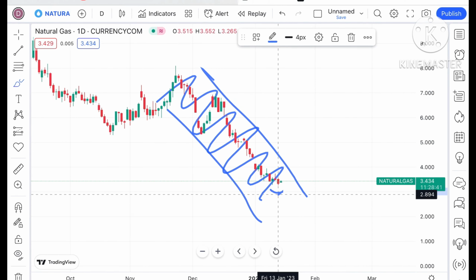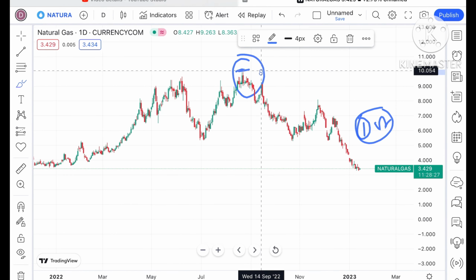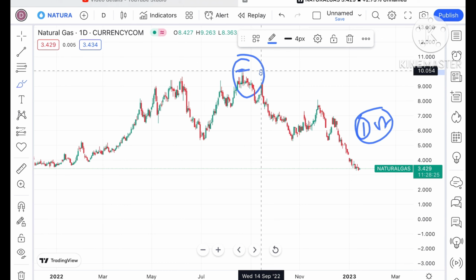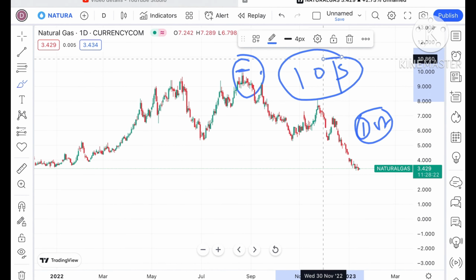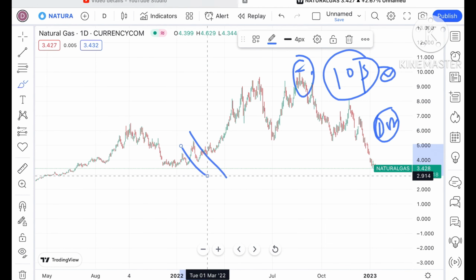Now second, what we have to notice here is that it has already made a high, and this high is after 10 to 12 years that it has touched a level of $10. This is the second thing. And third thing is that there is a pattern forming.